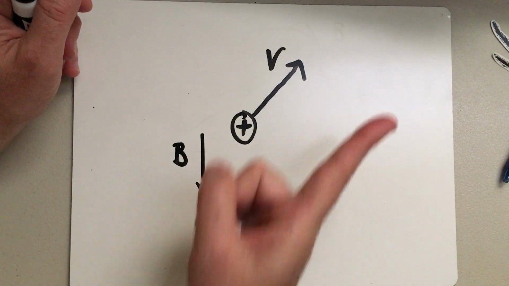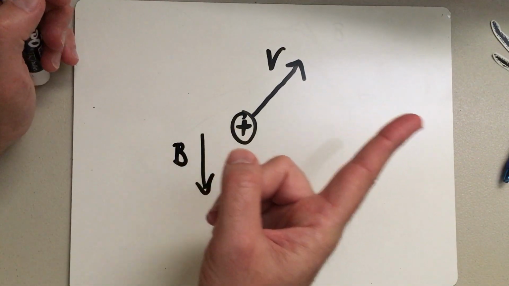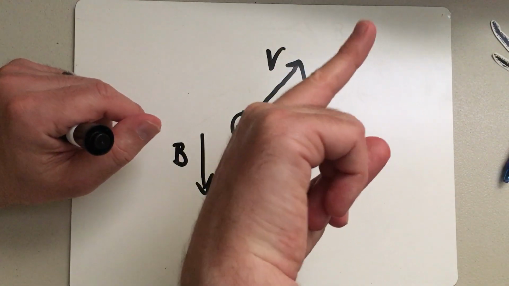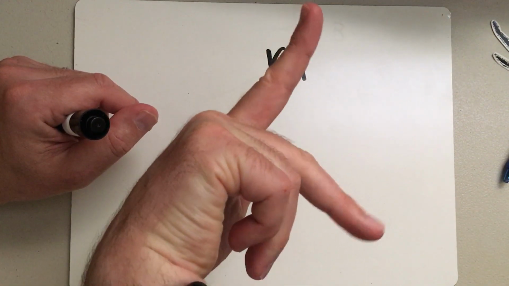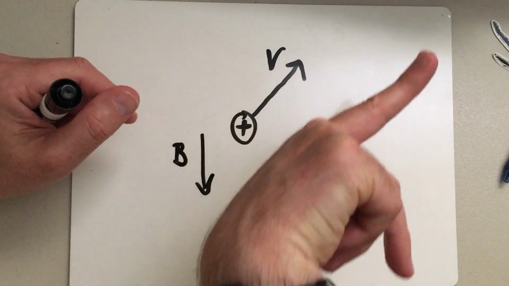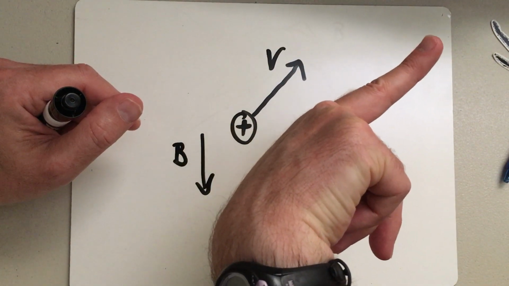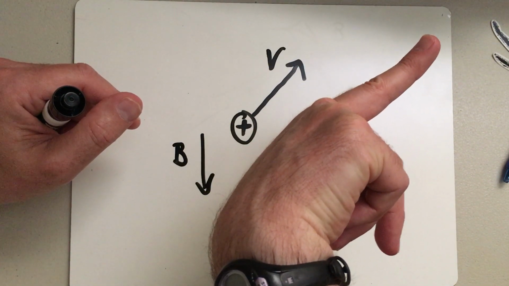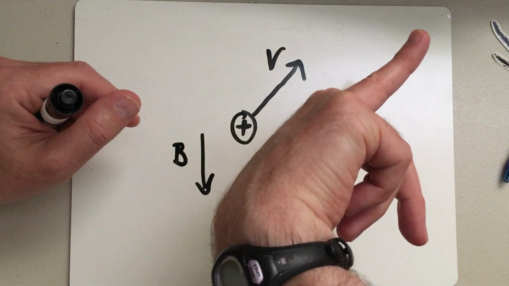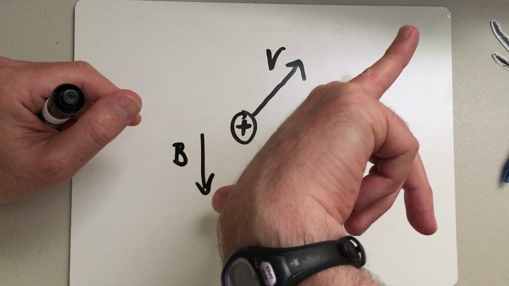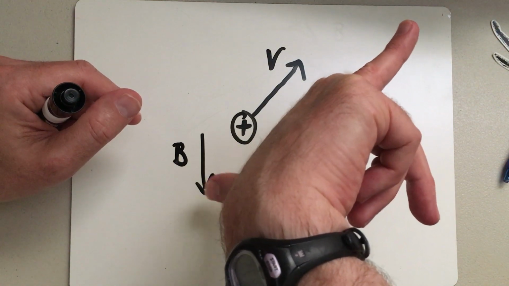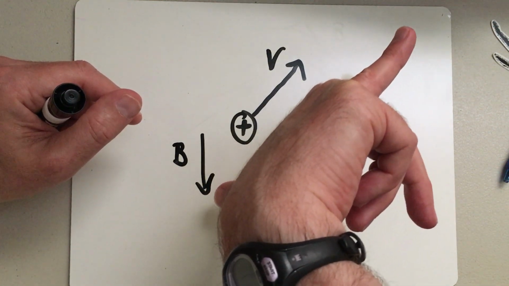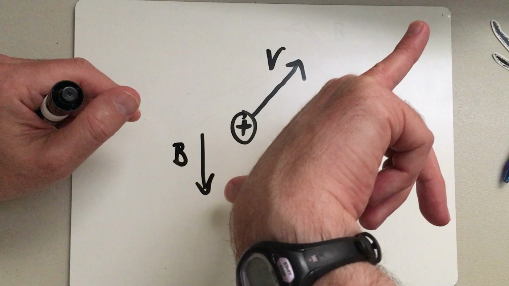In this case, the velocity is that way and the field is going down, so I need to rotate my hand so I can bend my middle finger so it's roughly pointing down. Hopefully you can see it's pointing to the bottom of your screen, and then there's my thumb. I stick my thumb straight out, and it's going into my board, so into your screen.